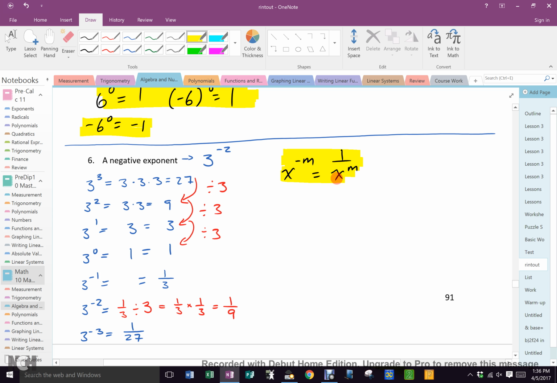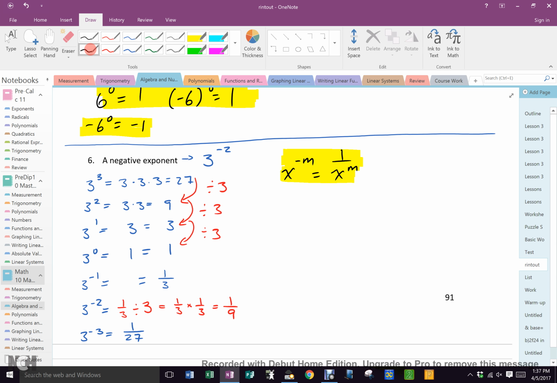Is everybody okay? You cannot have a negative exponent because you can't explain it, can you? It's not 3 times 3 negative 2 times. That doesn't exist. So you have to do this. Is everyone cool? Now, I'm going to explain to you why it gets weird, okay?